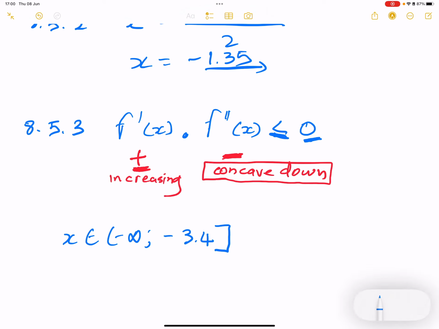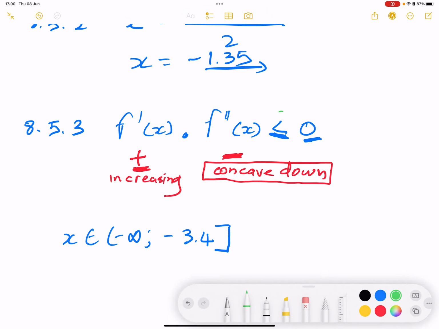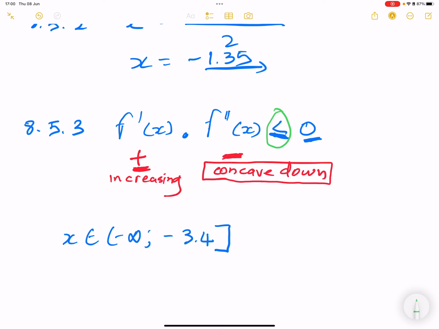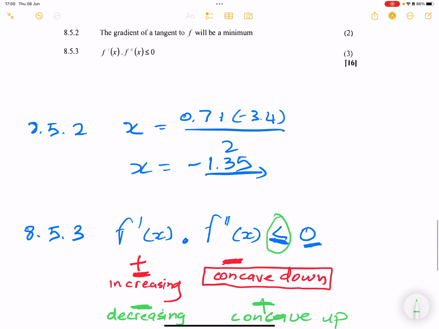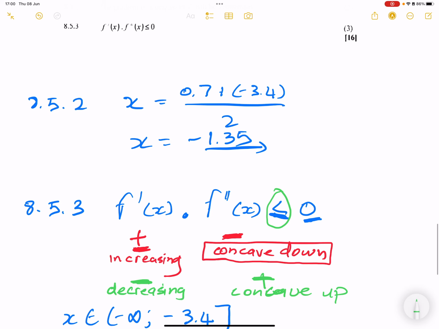Now we're going to consider the next permutation, where we've got this one being negative and that one being positive. So what does that mean? It's where the graph is a decreasing function, but it is concave up.